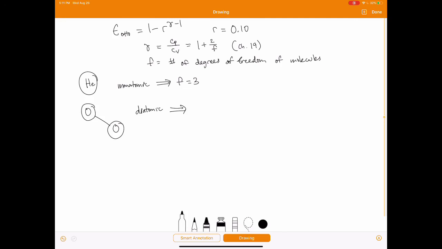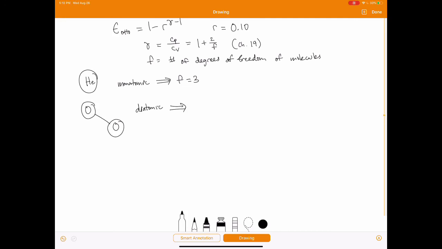Okay, so it depends on some specifics, but let's just remember what types of degrees of freedom we might have. We might have translation, rotation, and vibration. So at normal temperatures, unless you're really, really cold, rotational degrees of freedom are going to be there. Translational will always be there.